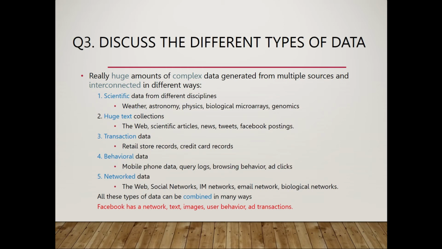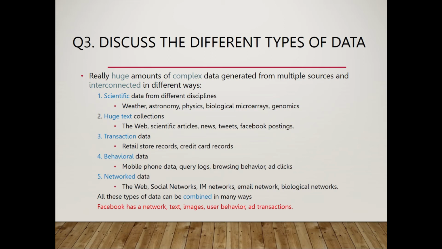So different kinds of data are available. So the third question arises: what are the different kinds of data on which the data mining process is applied? We have the scientific data which is used by scientific processes like weather, astronomy, physics, genomics, biological data. Second is the huge text collection, that is blogs, Facebook postings, tweets, scientific articles. Third one is the transactional data which is used by retail store records, credit card records and so on.